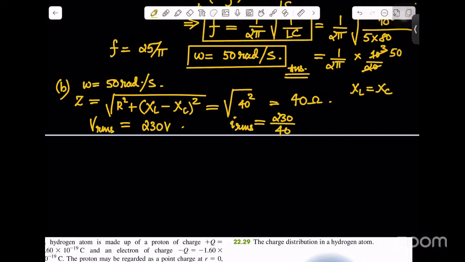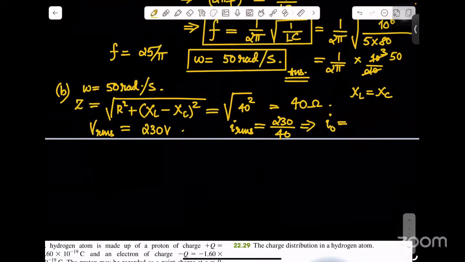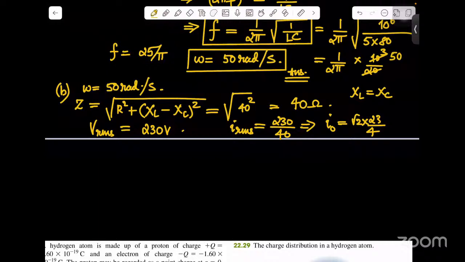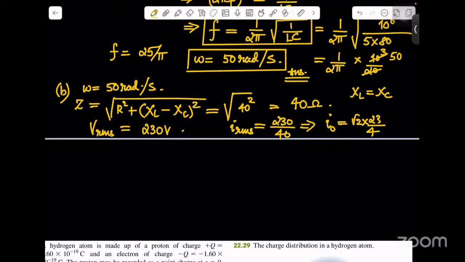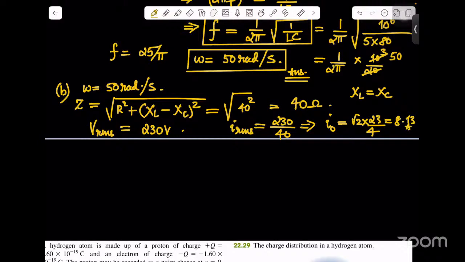So that implies the peak value of the current, that is I naught, should be equal to root 2 times the I_RMS. So if you solve this, you will get the value as 8.13 amperes. So this is the answer to this question.